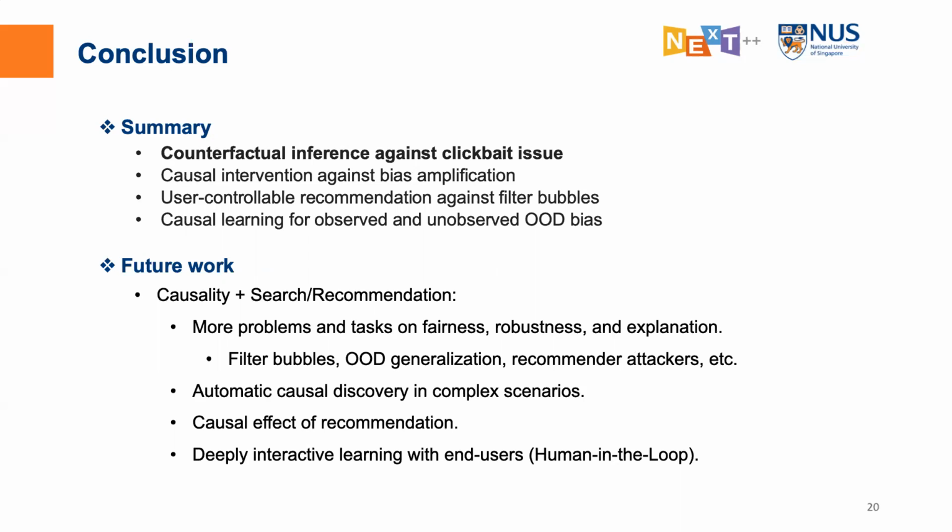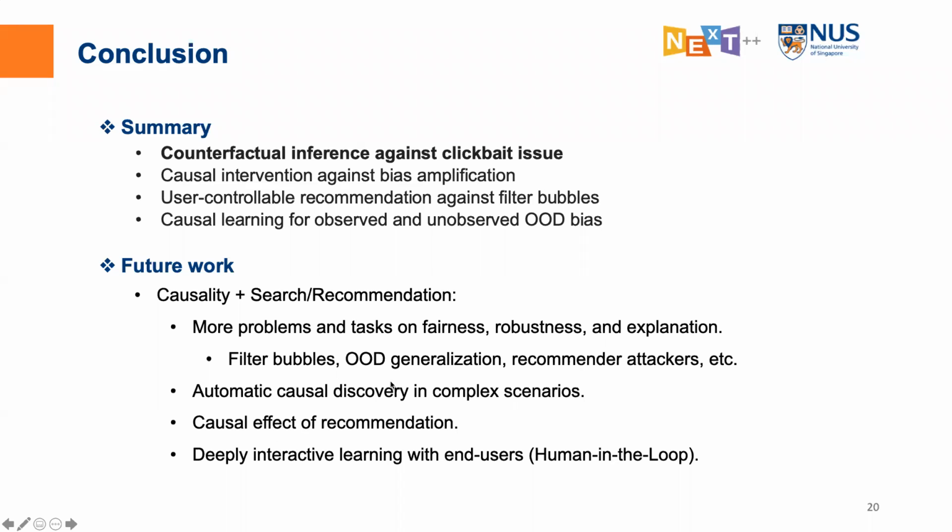And in the future work, we guess causality plus search or recommendation is a promising direction, and more problems and tasks in this domain can be explored by considering the causal relation or causal modeling, for example, fairness, robustness, and explanation.